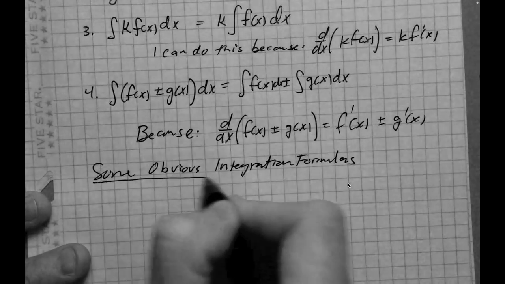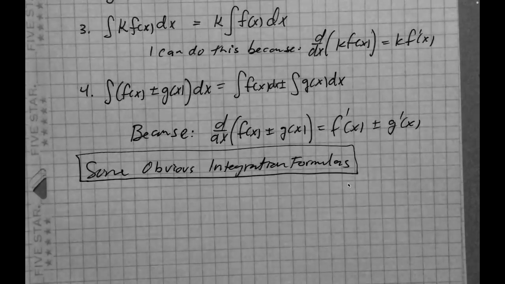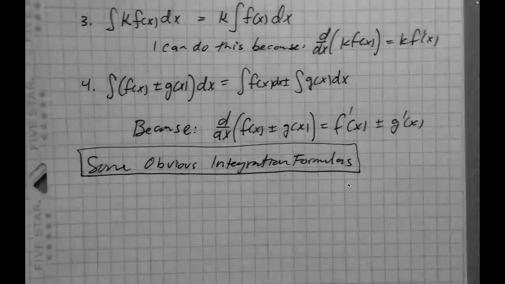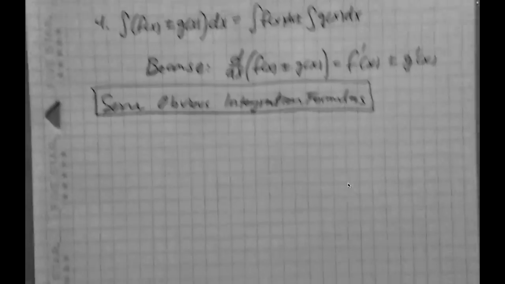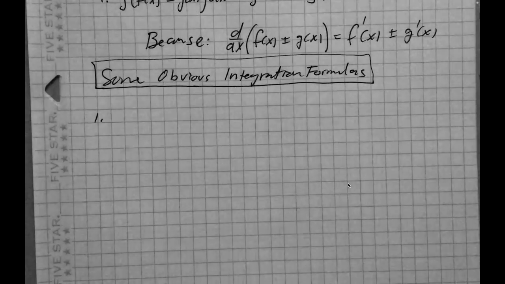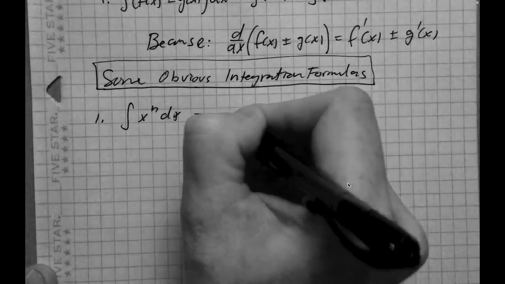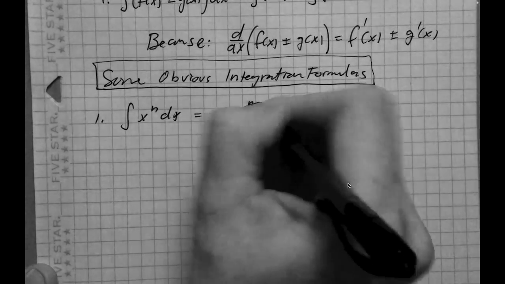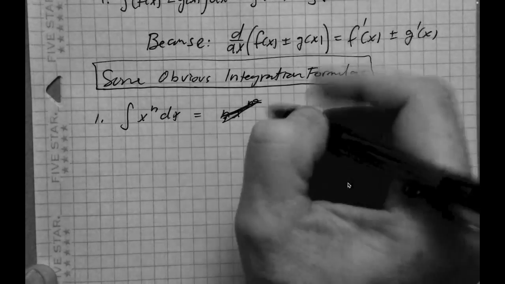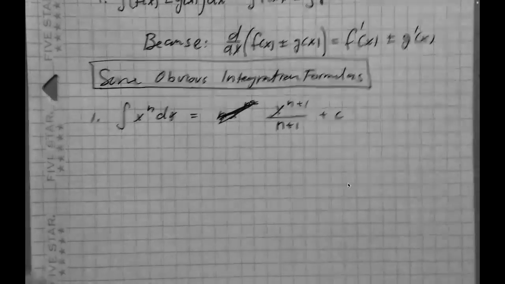Once we know the differentiation formulas, they follow immediately, and we don't have to do any special work to get these. The first one is the one that we saw: the integral of x to the n dx is x to the n plus 1 over n plus 1, plus a constant.